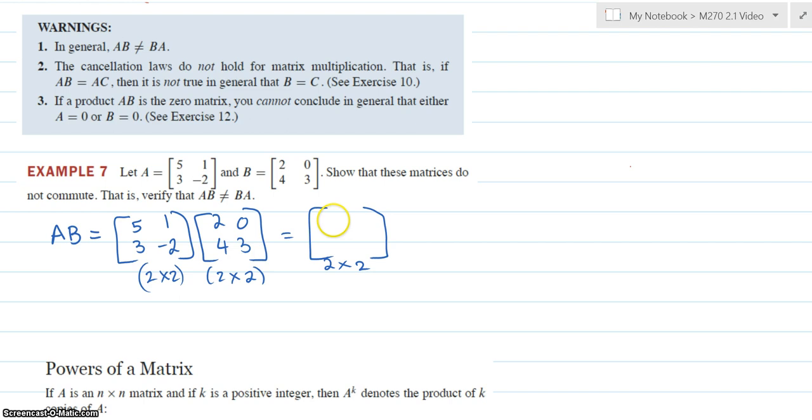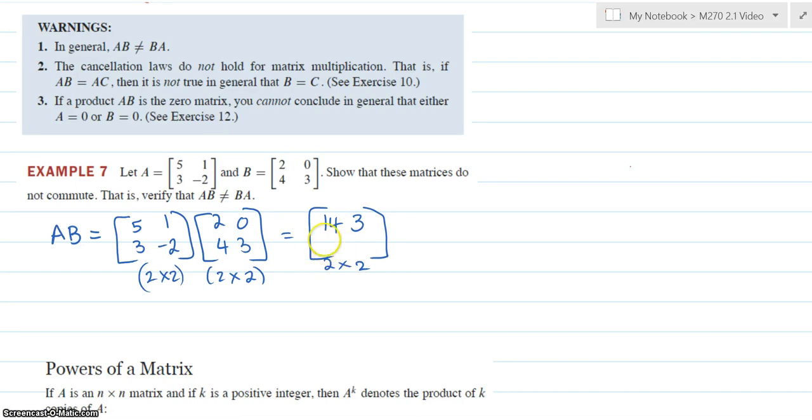The first row, first column would be this first row, this first column: 5 times 2, which is 10, plus the 4 is 14. Then the first row times the second column would be 5 times 0, plus 1 times 3.